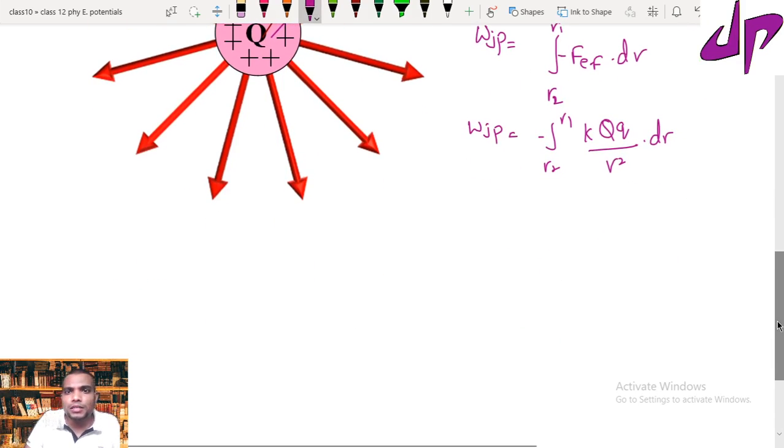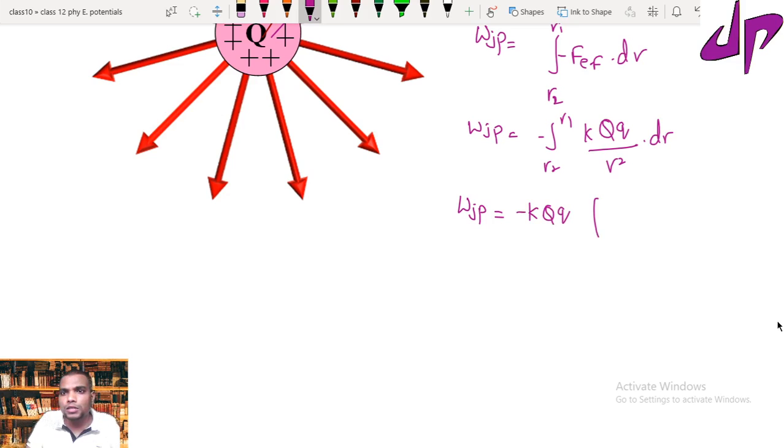Doing the integration, the constant terms are minus KQq, and the integral from r2 to r1 of 1 over r square dr. The integral of 1 over r square is the integral of r power minus 2 dr.